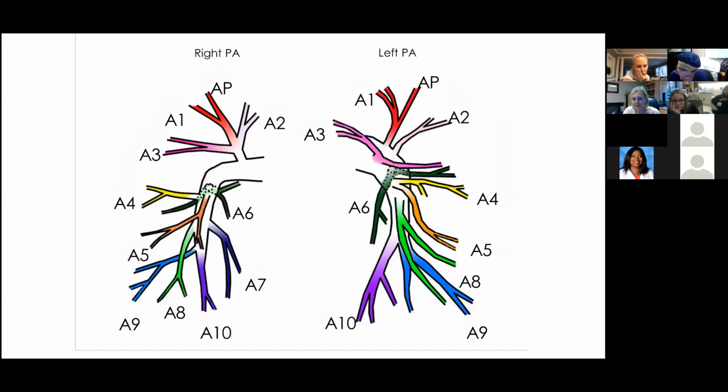Selective pulmonary angiograms are different from a regular pulmonary angiogram, where you shoot a dye from the big vessels and get a picture of the central pulmonary arteries. Selective pulmonary angiograms evaluate every segment and every subsegment of the pulmonary tree.